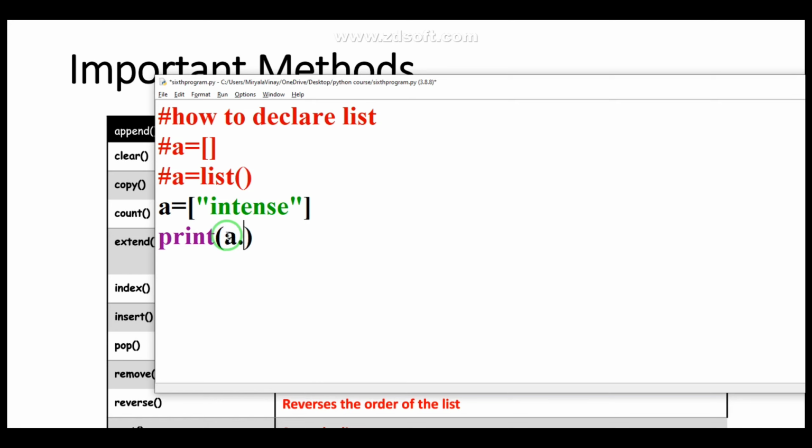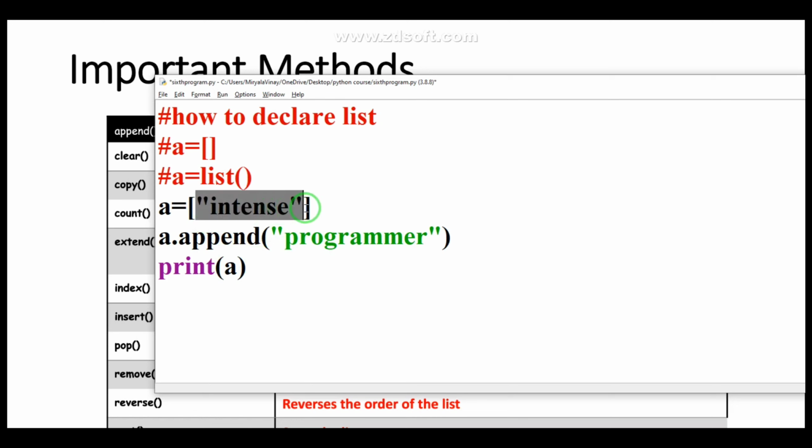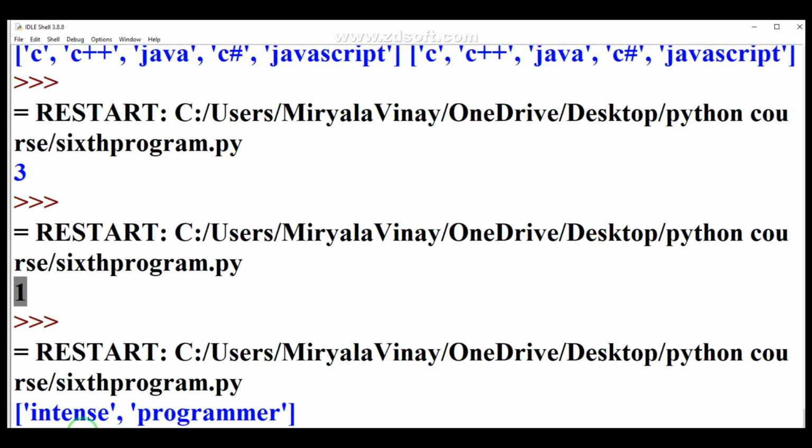I do a dot append, adding an element, that is programmer. See, I am adding programmer to the existing list. Intents was already in the list, and right now I am adding programmer.